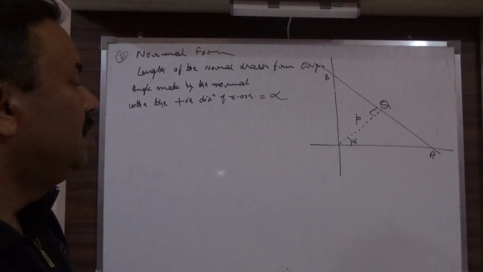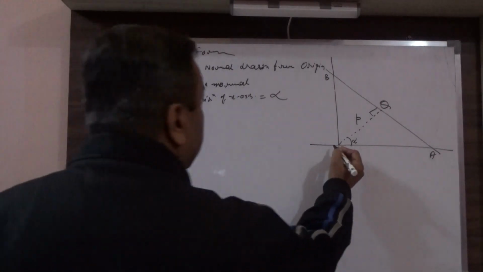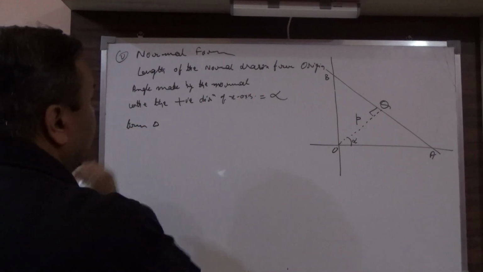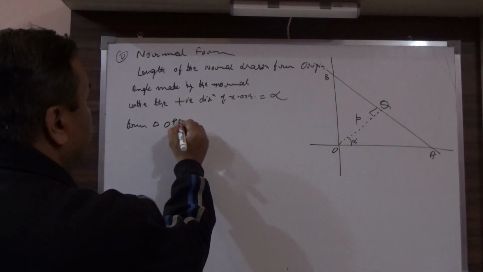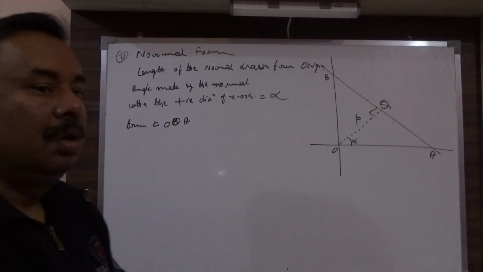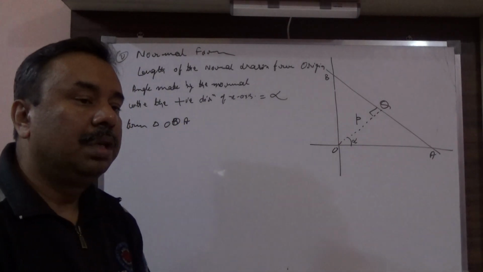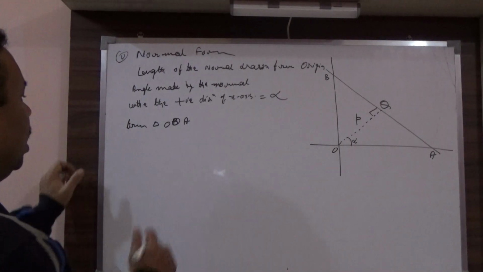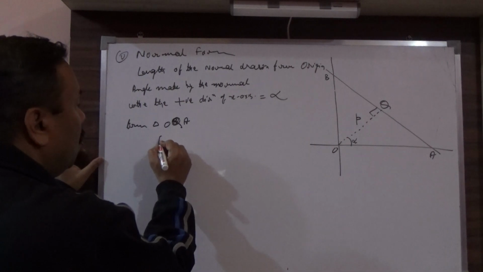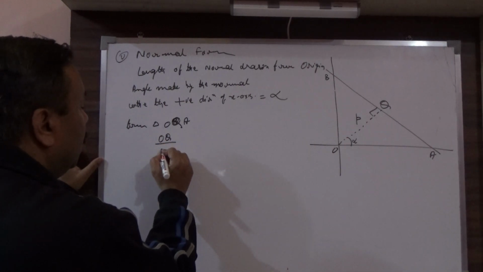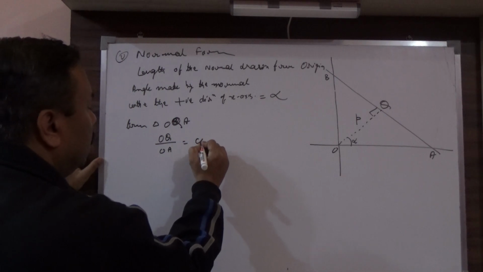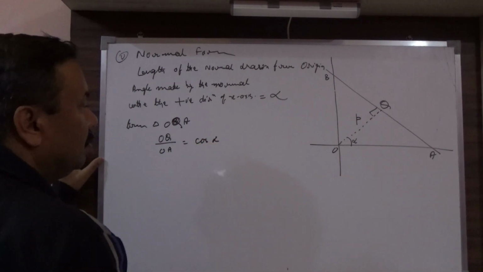If I use a different way also, you must have studied this in physics. From triangle OQA, OQ over OA is equal to cos alpha.